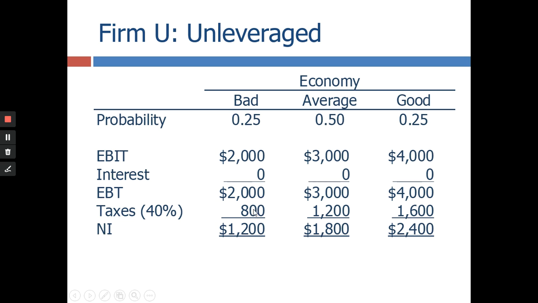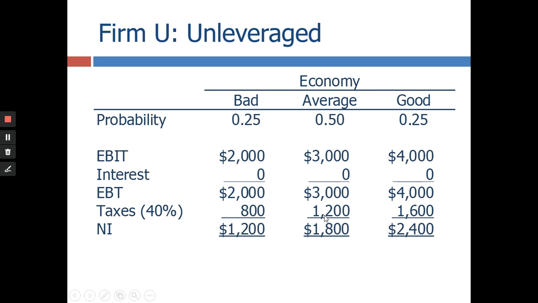Okay, your taxes. Sorry, before that, do you pay any interest? Since the company is unleveraged, no debt, no interest. All right, so this is earning before interest and tax, minus interest, this is earning before tax. So tax is 40%, which is 800. Therefore, your net income is 1,200.